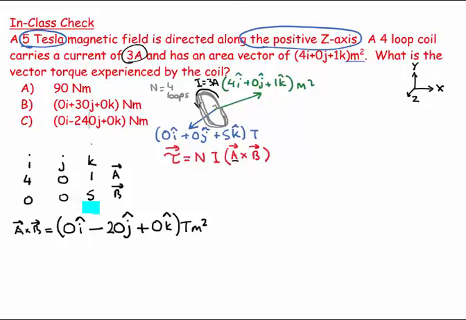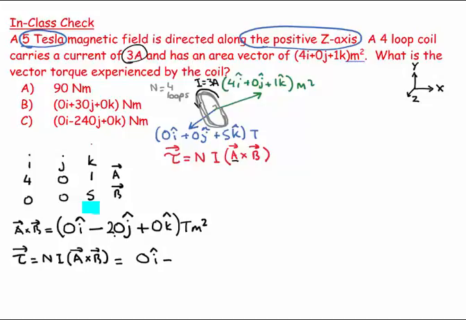But what I really want is my torque vector, and that is equal to N I A cross B. Well, N is 4 and I is 3. 4 3s are 12. It's just 12 times this. So that would be 0 times 12 is 0i.